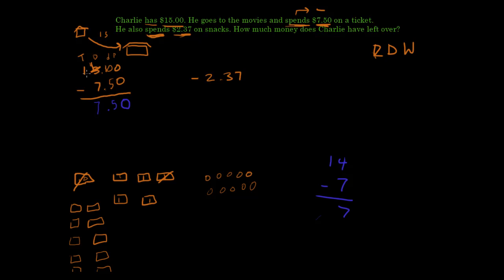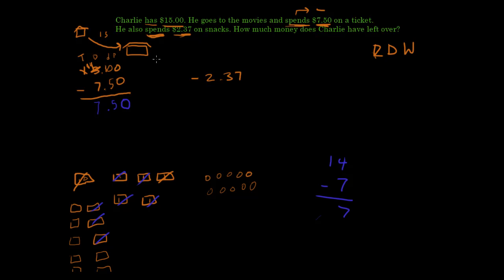Or to show that up here, I broke up this 10 and changed this into 14. Now I can subtract 7 of those dollars by crossing them out. 1, 2, 3, 4, 5, 6, and 7. How many dollar bills do I have left? 1, 2, 3, 4, 5, 6, 7. It works both ways. This way is a little bit faster, just knowing 14 minus 7 is 7. But if you're still at the stage where you need to see it like this, that's fine too.